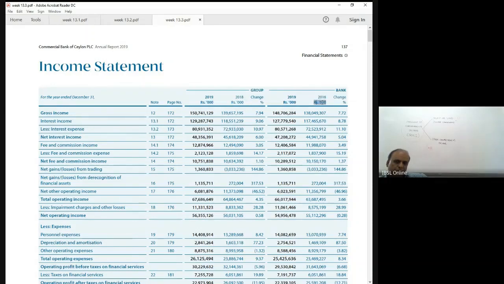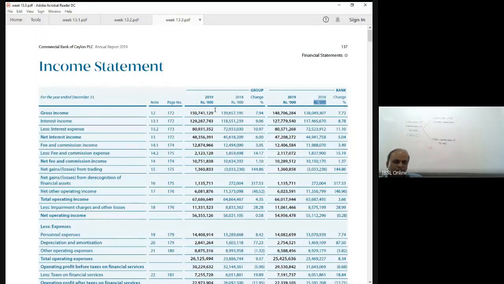Which means this financial statement is prepared in terms of rupees. And also this amount is presented in thousands. That is another important part.